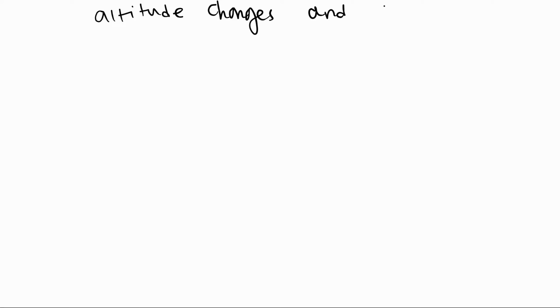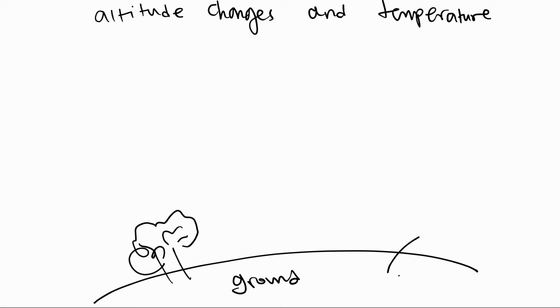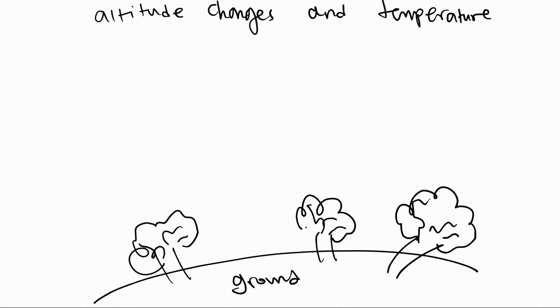And temperature. So essentially, what changing the altitude has to do with temperature. This is pretty much just common sense, essentially. Now we're going to have our ground. It's going to be our ground level, and let's draw some trees just so that we can visualize this a little better. We have our trees on our ground level, right?